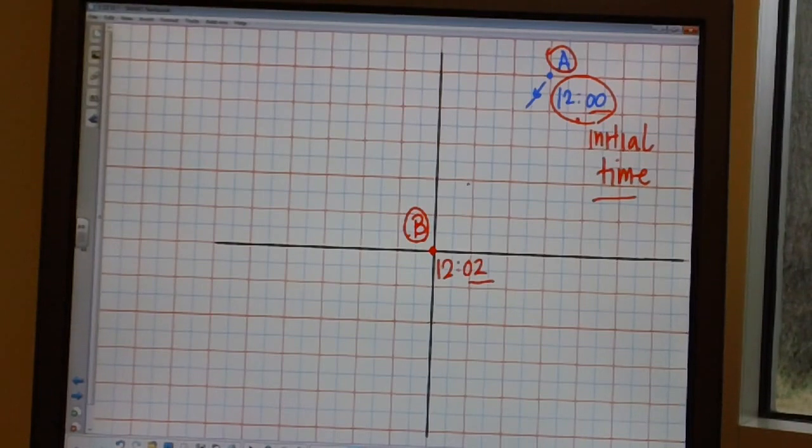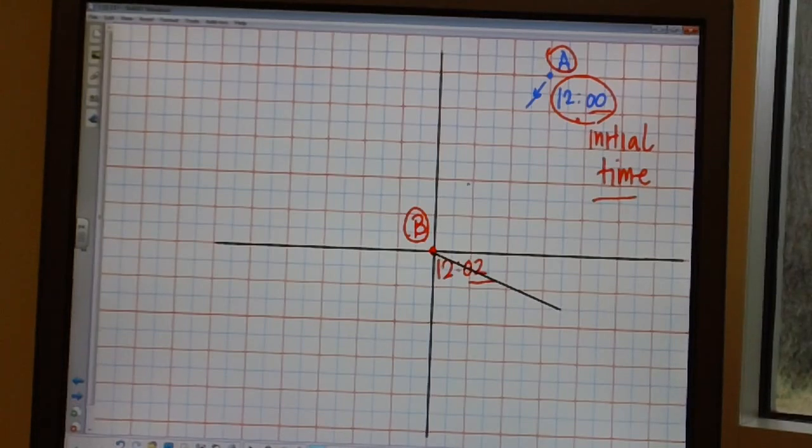So with its velocity vector, I know that its velocity vector was +7 and -3. So it went 7 forward and 3 down. So over here.